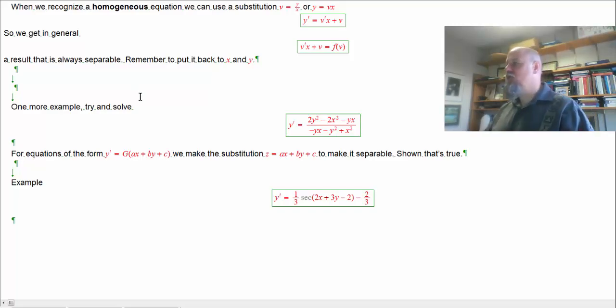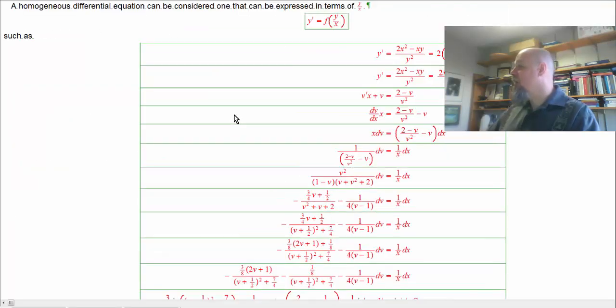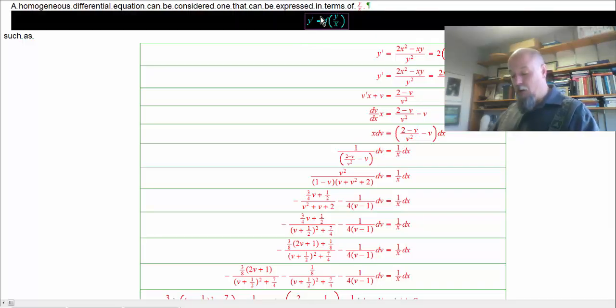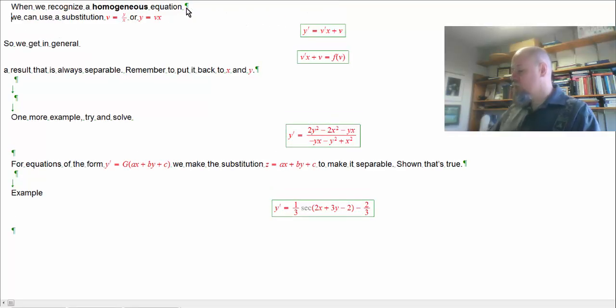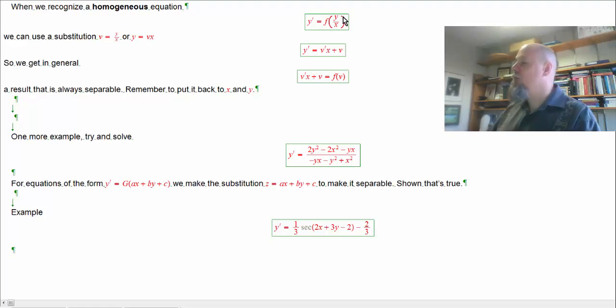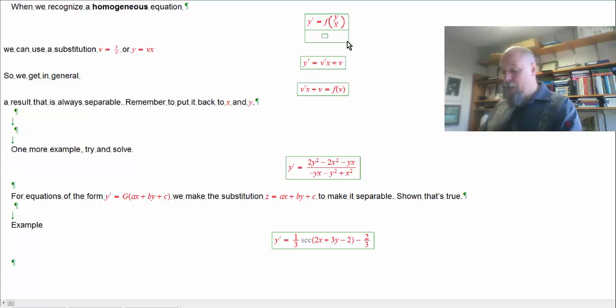So, what just happened? Lots of math. But think about it. In general, if I've got a differential equation that's homogeneous, so in other words, y prime is a function of y over x, I put my substitutions in.